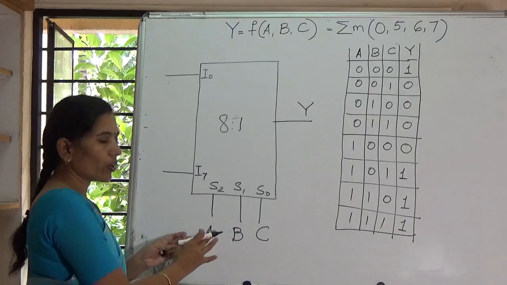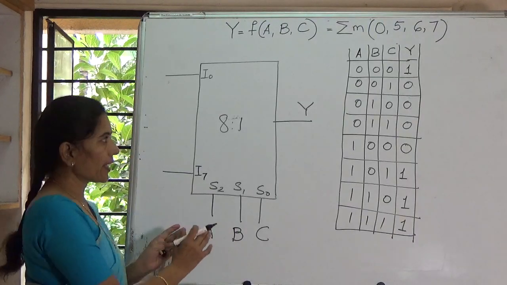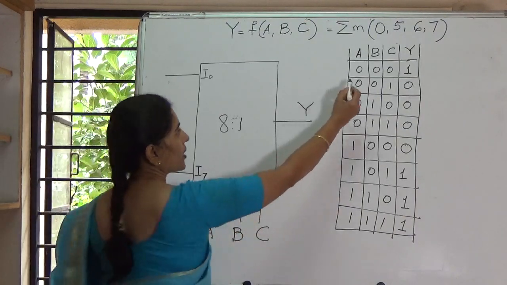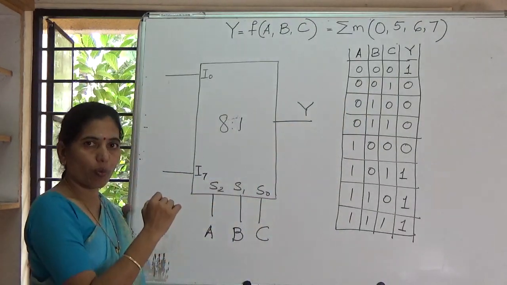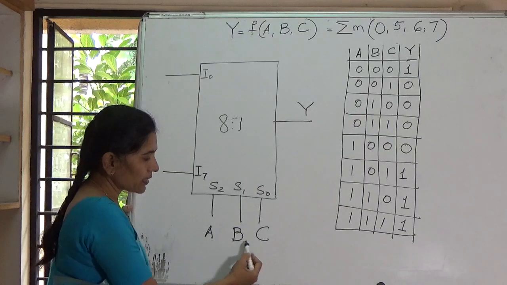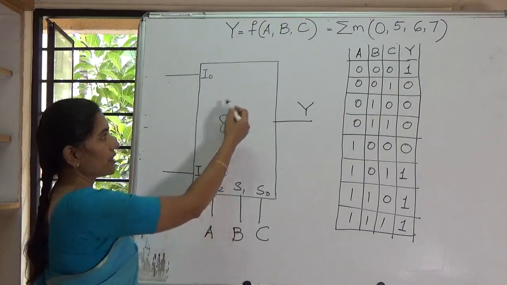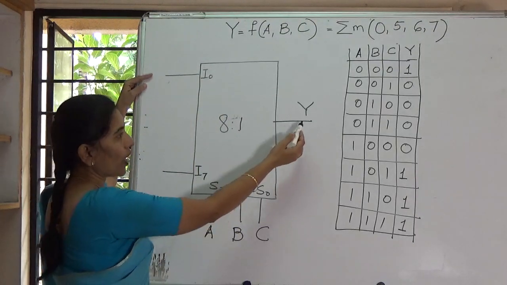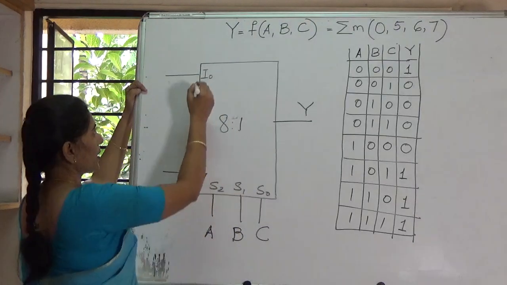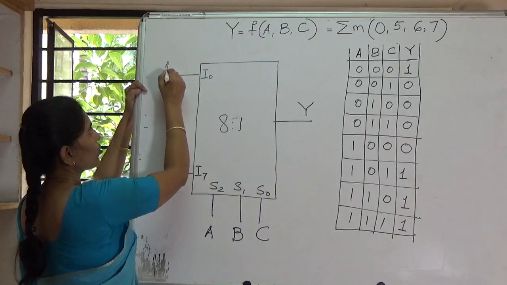Now let us look at the requirement. If A, B, C are 0, 0, 0, then we expect the output Y to be a 1. If A, B, C are 0, 0, 0, we know that in the multiplexer the I0 line will be selected, and for the output to become 1, this I0 line should be connected to a 1.